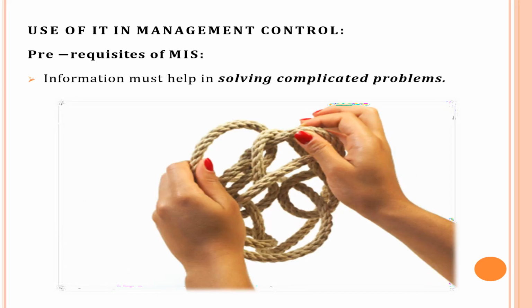The information must help in solving complicated problems. Here the complicated problems refer to the hierarchy, the process. If two teams are involved in solving a problem, which team has more responsibility? They have to be more careful.